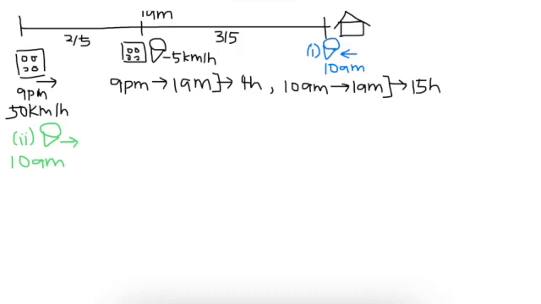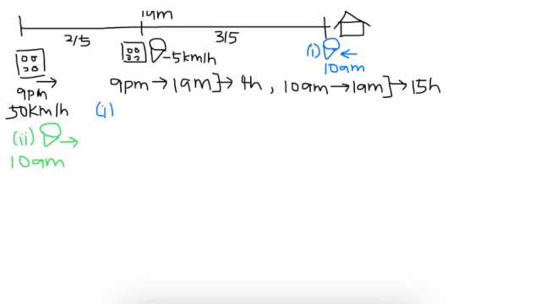Basically the first timing is the time taken for this part, and the second timing is this part for part 1 and this part for part 2. That's why they are common timings, so we can do the calculation first. So let's do part 1 first.